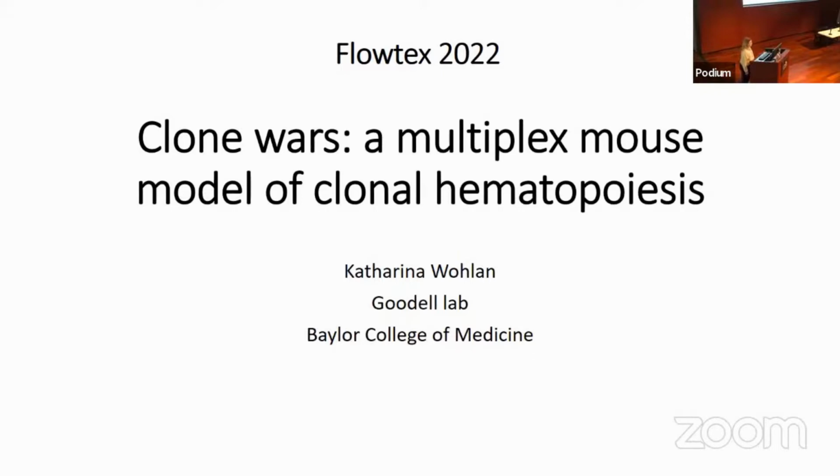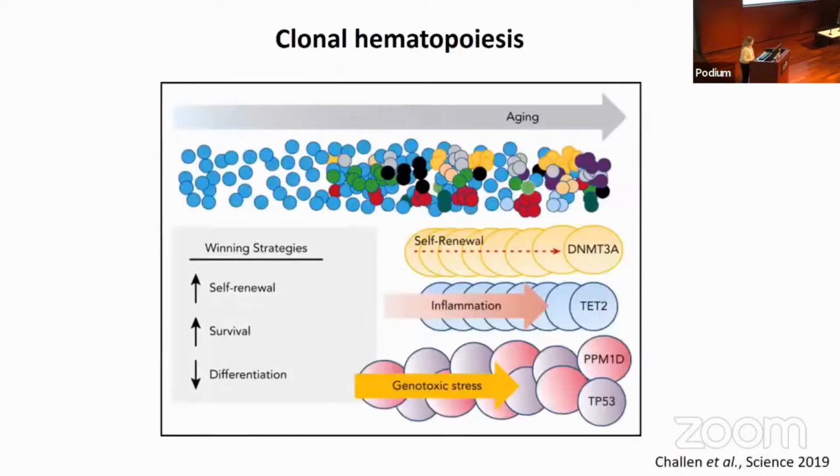First, I want to thank the organizers for giving me the opportunity to present our project, which is called Clone Wars, a multiplex mouse model of clonal hematopoiesis. While we age, we acquire multiple mutations in our hematopoietic stem cell population. Most of the time, those mutations do not lead to a fitness benefit.